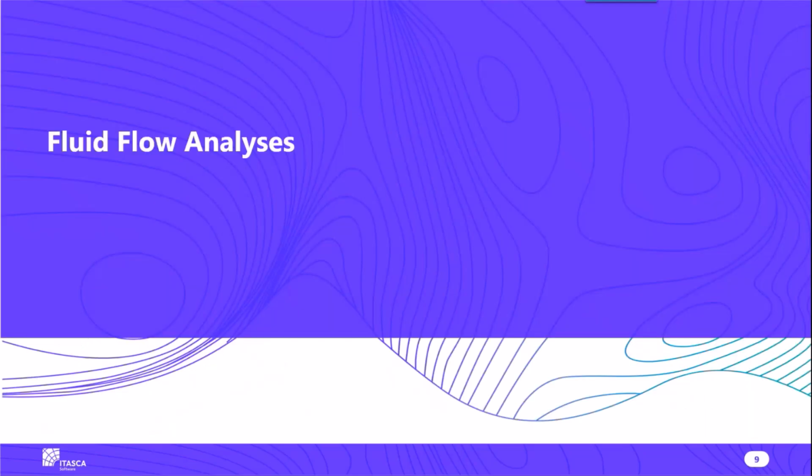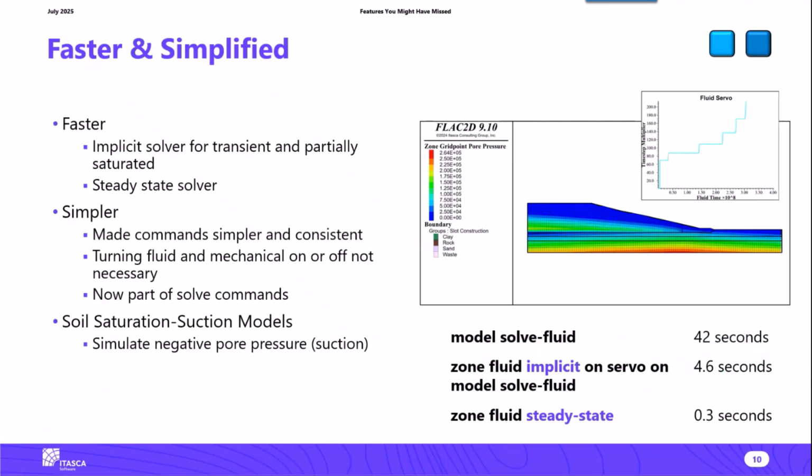Okay, improvements to fluid flow analysis. We have endeavored to make fluid flow analysis in FLAC 2D and FLAC 3D faster and simpler. We've added essentially implicit solvers for transient and partially saturated fluid flow, and we also added a steady state solver.